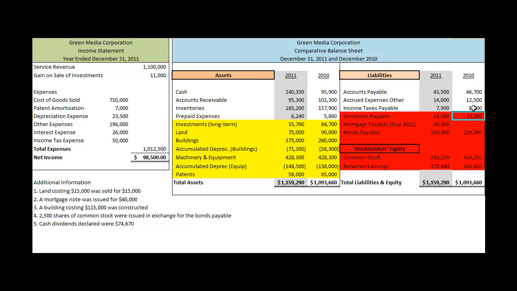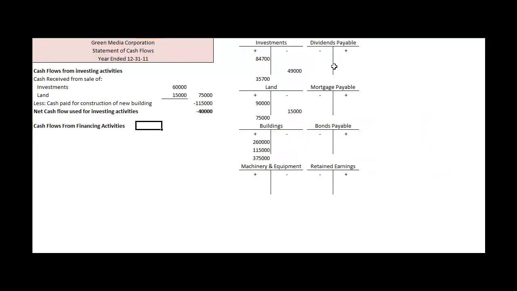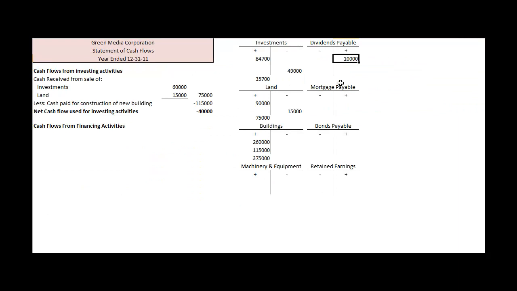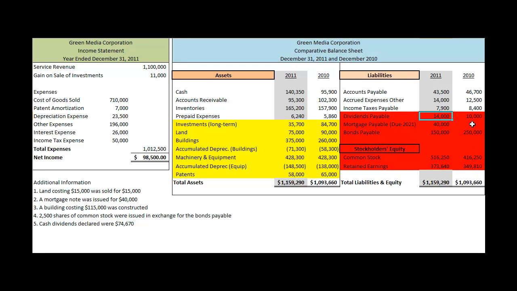We started the year with $10,000. I'm going to go back to the little T accounts that I've created here. $10,000 is what we start with, and if we look at the balance sheet, we know we end with $14,000. So if a promise goes up, that means I promised to do something and I didn't pay them, right? Your gut might tell you, well, I've got to subtract something maybe. But let's go back, and we need a little bit more information to determine how much cash flowed here.